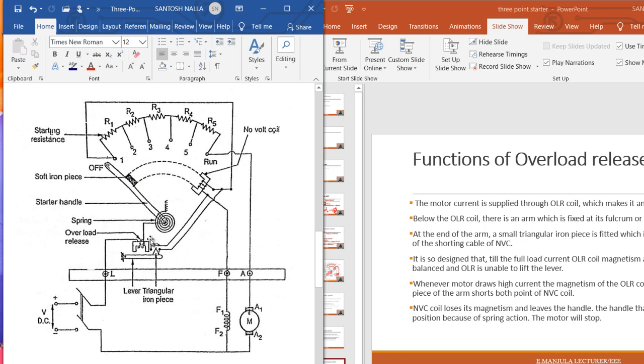That is what they said: it is so designed that up to the full load current, the OLR coil magnetism and gravitational force are balanced, and the OLR is unable to lift the lever. Whenever the motor draws high current, the magnetism of the OLR coils pulls the arm, and the triangular piece of the arm shorts both points on the NVC.